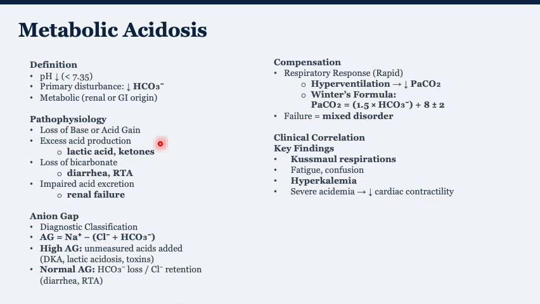You have excess acid production. This can be seen again like in lactic acidosis or ketones, or there can be a loss of bicarb. And that's why I was saying it was like a GI origin as well. So diarrhea, but also you can have a loss of bicarb in renal tubular acidosis. There's impaired acid excretion as well. That can also be a cause, and that's usually seen in renal failure.